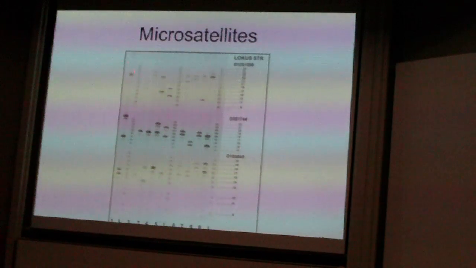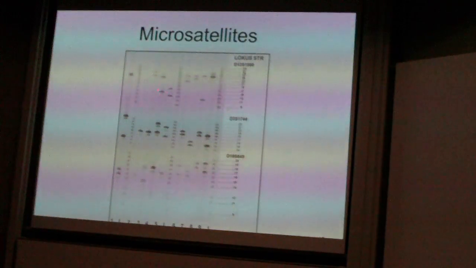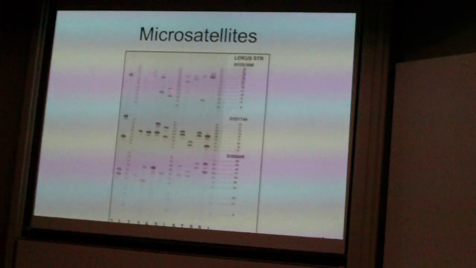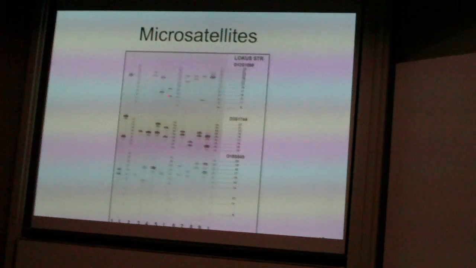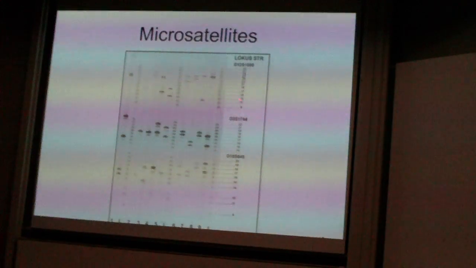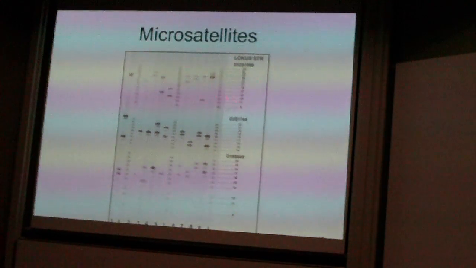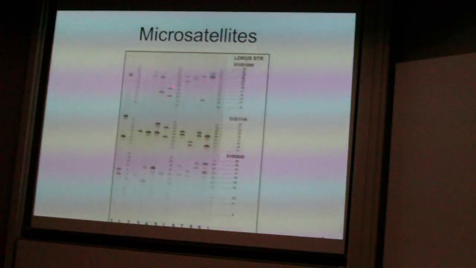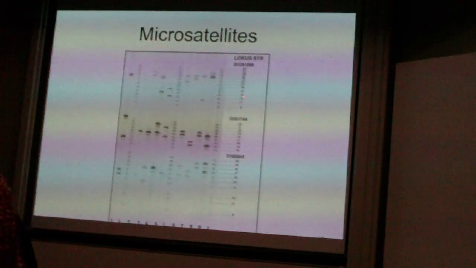And as you can see, for every individual you have 2 bands. So there's also a shadow band, but basically you have 2 bands. And these 2 bands correspond with a particular length, a typical number of repeats of this particular repeat. So here, for instance, you have allele 11, here you see you have allele 15, and so on.